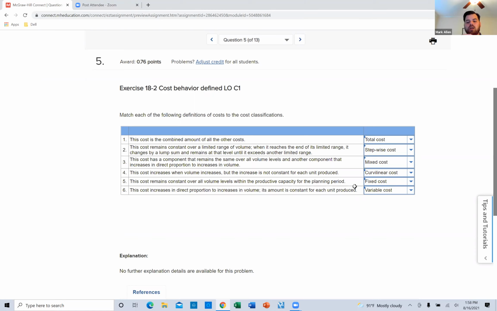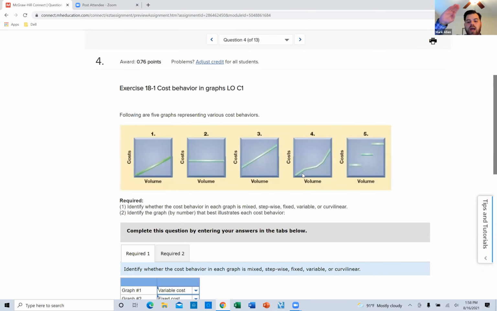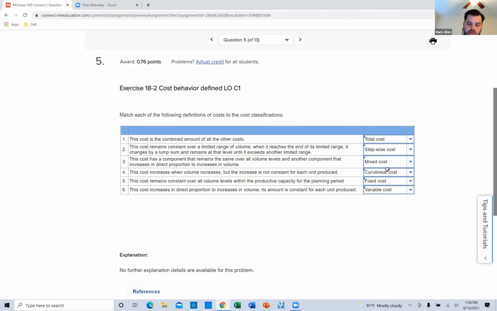So whenever we looked at this curvilinear graph, what we saw was something like this, right? It was kind of wavy, but it certainly was not a line. If it was just a straight line, that's a variable cost. But that curvilinear graph that we looked at here, remember, it kind of bounced around, right? And that's because the change is not linear. So that's what we're seeing here.